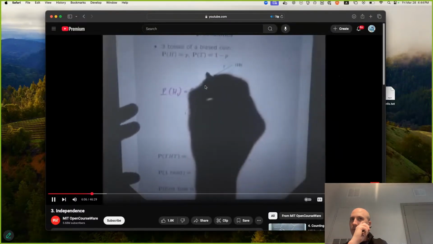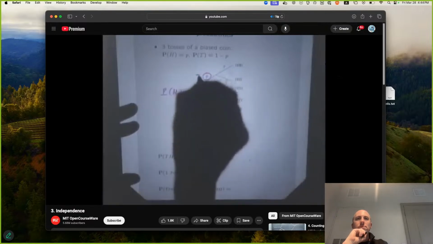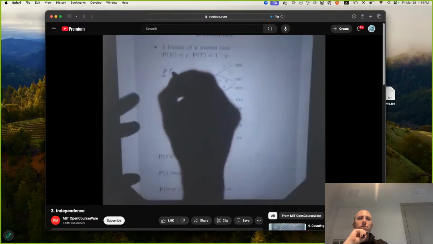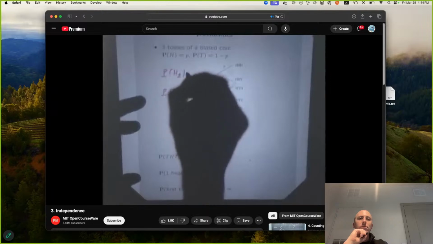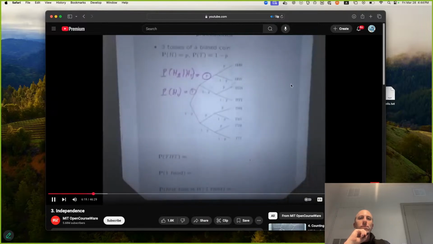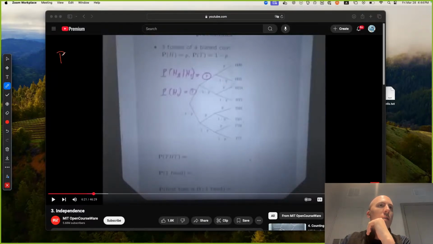The meaning of this probability here is a conditional one. It's the conditional probability that the second toss resulted in heads, given that the first one resulted in heads. If you're drawing this out, then you literally have the probability of H2 given H1. What is H2?